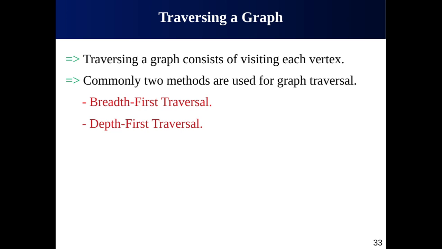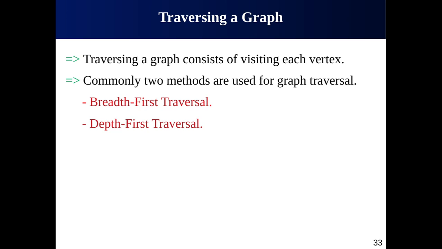Many applications of graphs require a structured system to visit the vertices and edges of a graph. So there is graph traversal, which means visiting all the nodes of the graph. Traversing a graph means visiting each vertex.